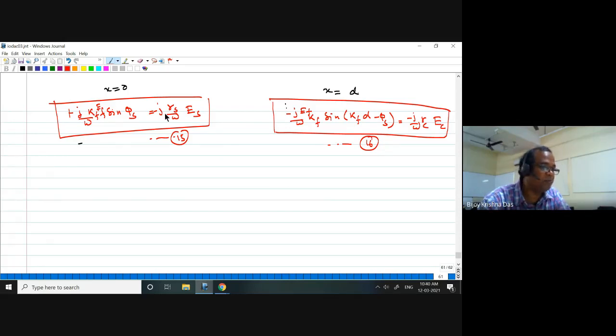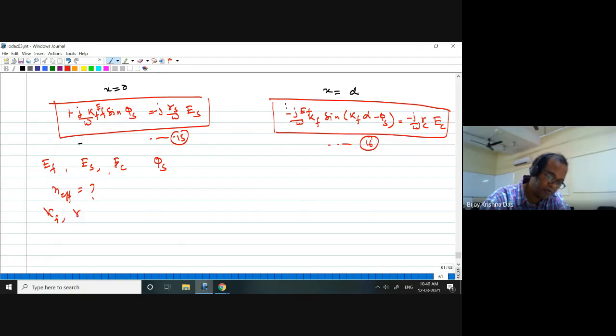Any doubt? If not, we proceed. So we have these four equations we are getting, but our unknowns are, again I repeat, Es, Ef, Ec, phi s. Of course, N effective you need to know, so that once you know N effective, then you know kappa f, gamma s and gamma c.